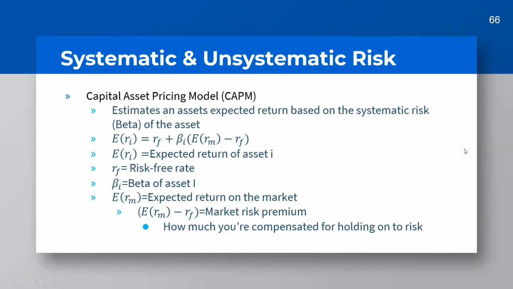All right, so we have three inputs with CAPM that we know are relevant to investors: pure time value of money with the risk-free rate, the amount of risk through beta, and the market risk premium, how much investors are earning for bearing risk.